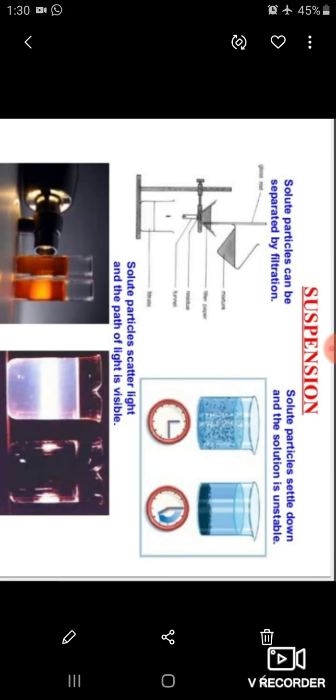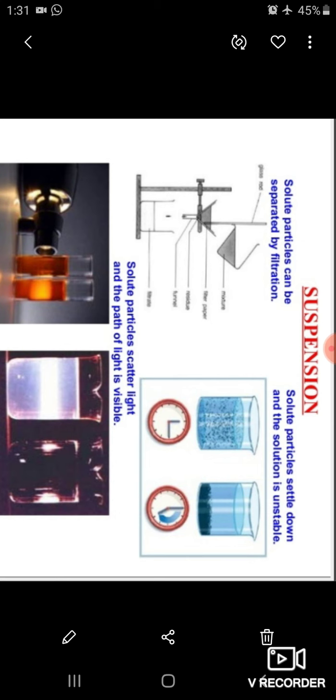Observe these figures, how suspensions take place. Solute particles can be separated by filtration. Solute particles settle down and the suspension is unstable. The particles scatter light and the path of the light is visible.